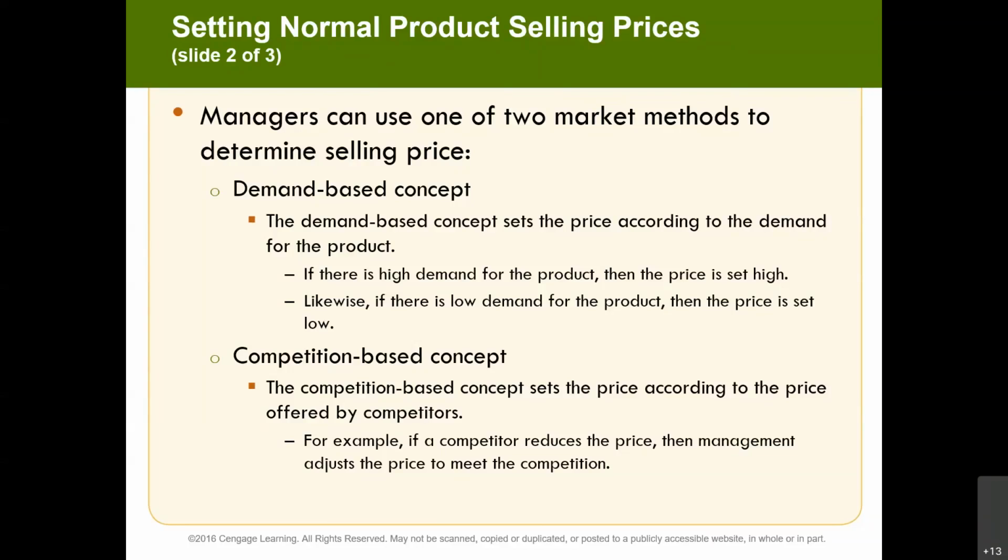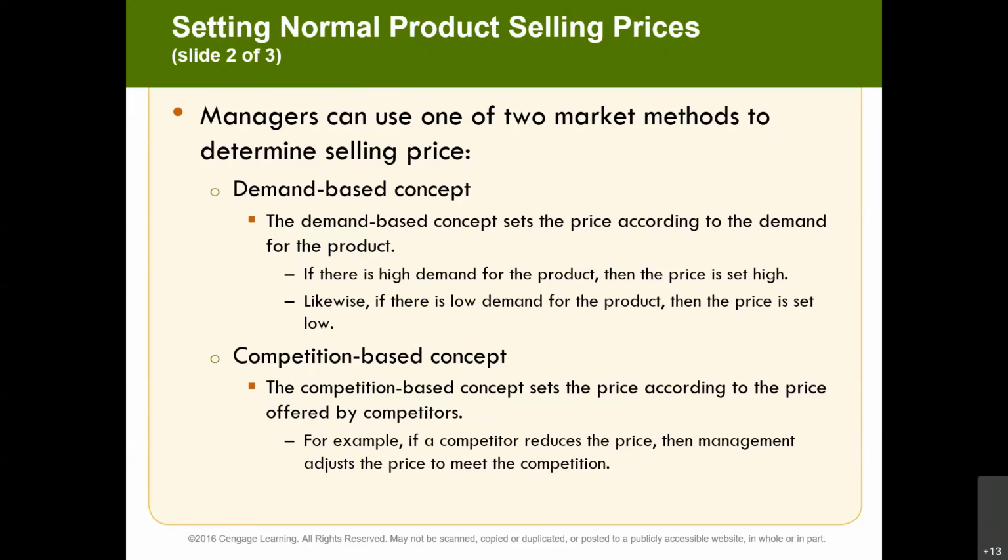For example, let's say Delta Airlines sets a round trip ticket from DC to Orlando for 120 bucks. You might also see that American Airlines will also put their ticket price at $120 because they want to compete directly with Delta.